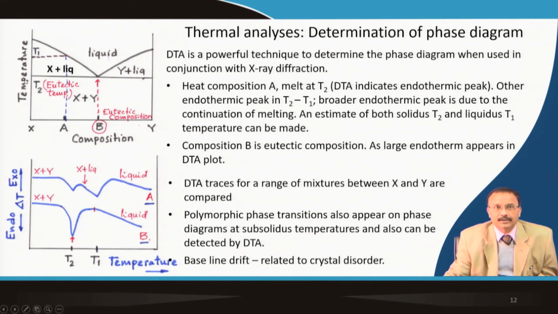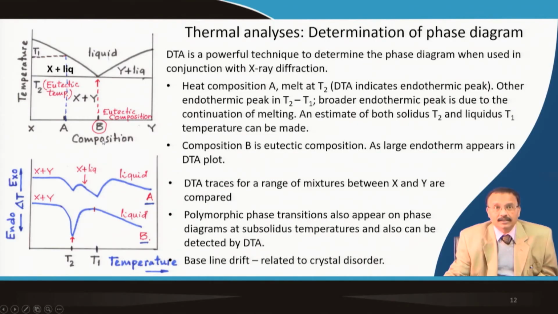All these compositions you can mix in different proportions and do the DTA analysis, and you precisely get the temperature. One temperature will be fixed and another one will be varied, and you will get these two temperatures very precisely.